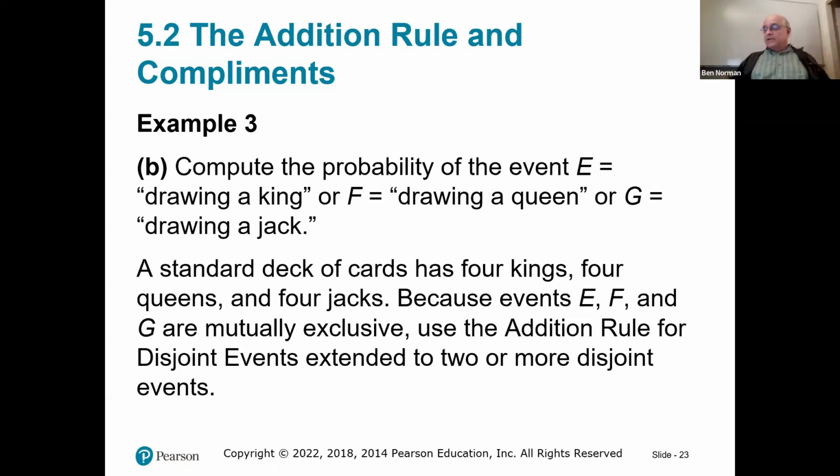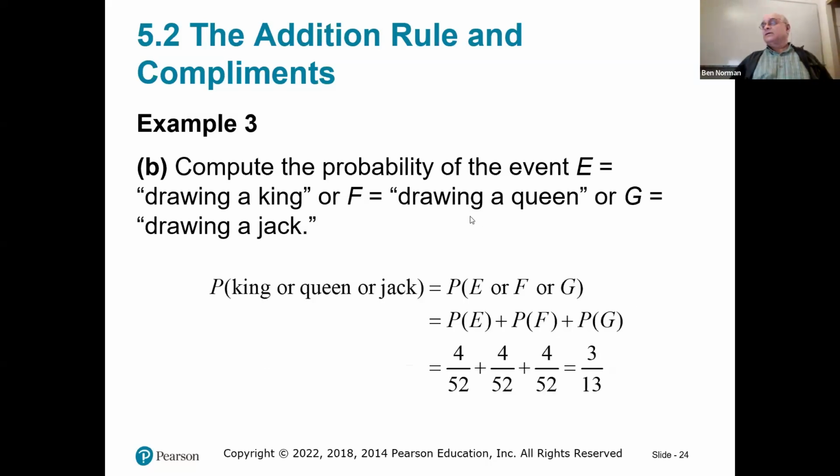So those are disjointed. E and G, those are disjointed. There are no cards that are both kings and jacks simultaneously. F and G, those are mutually exclusive. These are pairwise mutually exclusive.